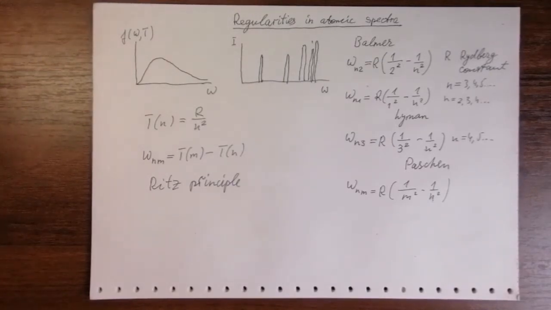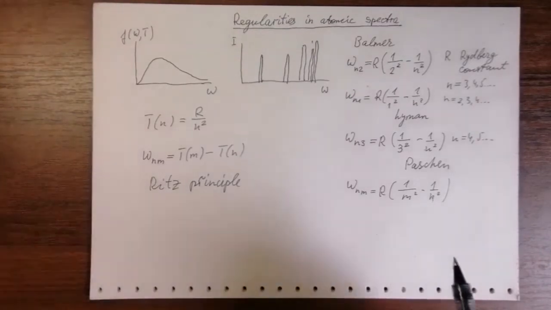So we can expect that frequencies should be like omega 0, 2 omega 0, 3 omega 0, and so on, and it is not clear why they are organized in such a system, which we called series.